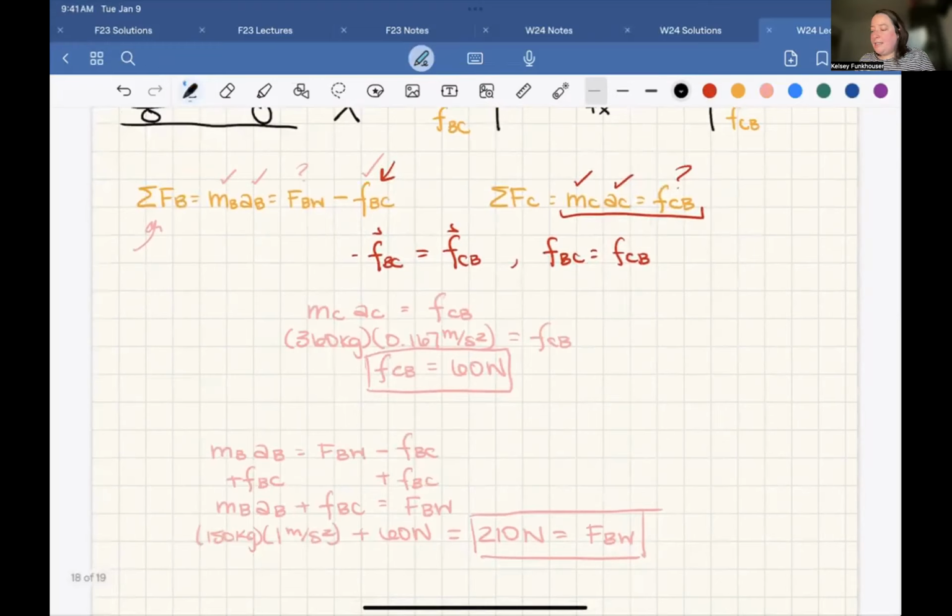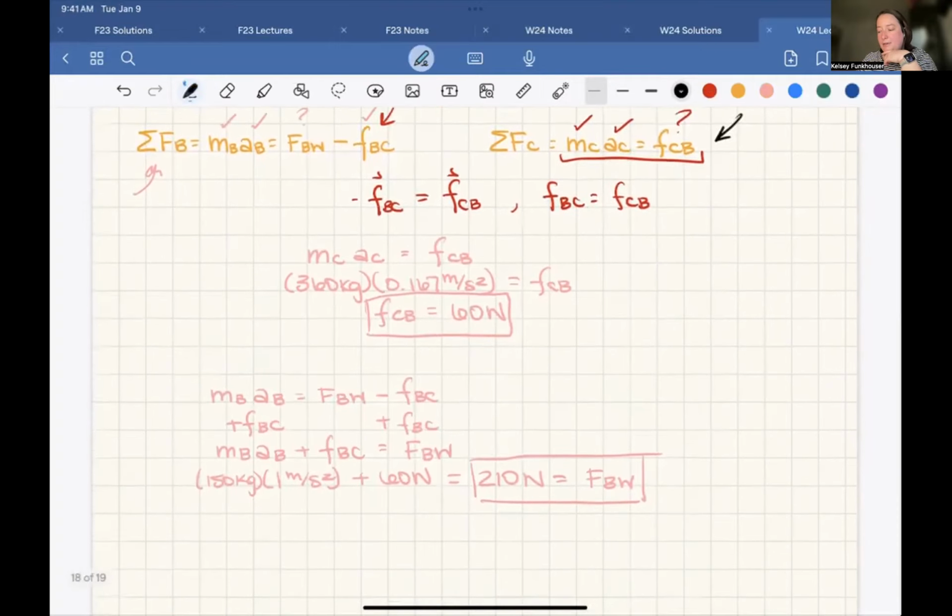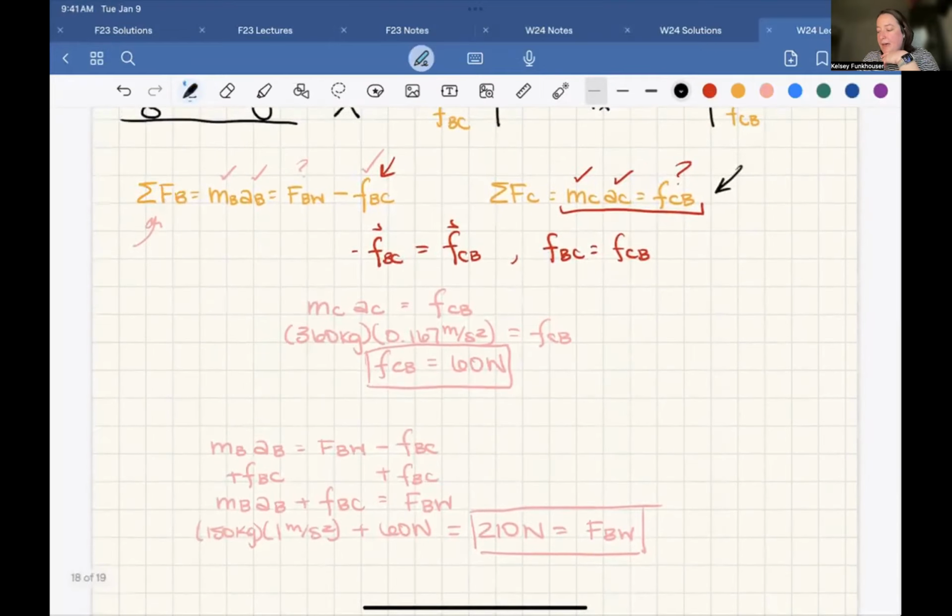But we didn't need to worry about that at first because we had this equation right here that had two things we knew and one thing we didn't. So we just solved that. That's where we got 60 newtons. And then we took that and plugged it into the other force equation, rearranged it a little bit, and got 210 newtons as the force on the box from the worker.